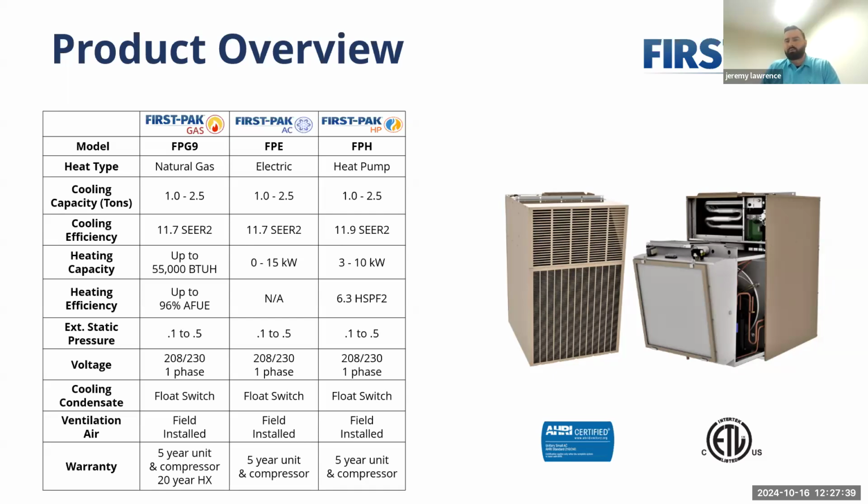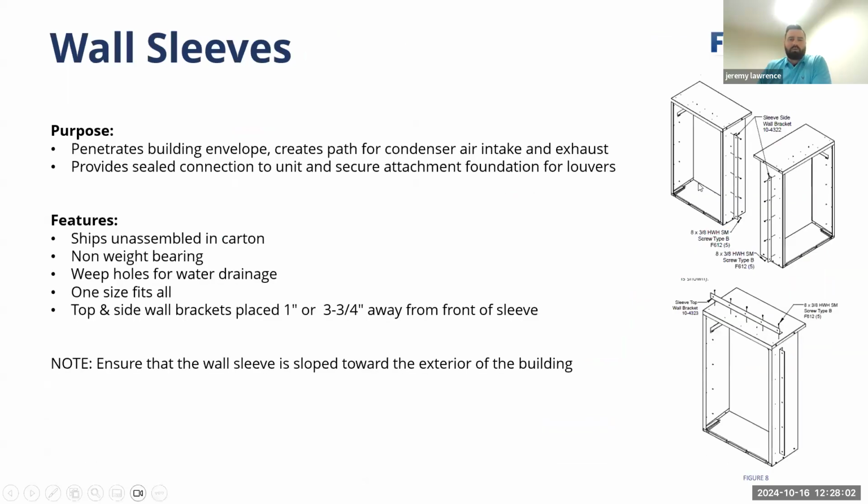They do have, of course, an 80% gas version that came out first, which we can't use here. But if somebody is using an 80% efficient gas Magic Pack now, we can slide the high efficiency version into the same existing sleeve and just change the grill. The sleeve on these is a little less intricate.